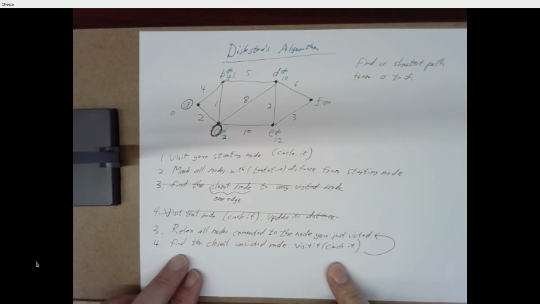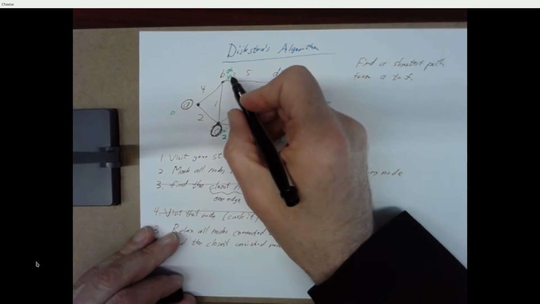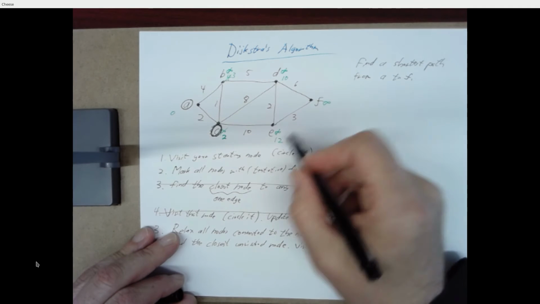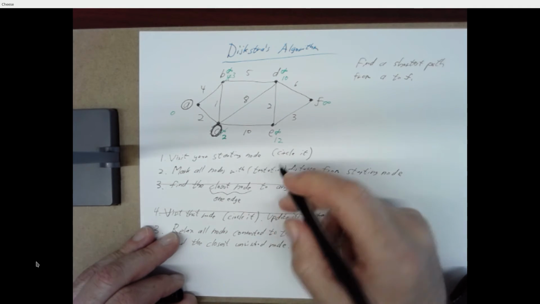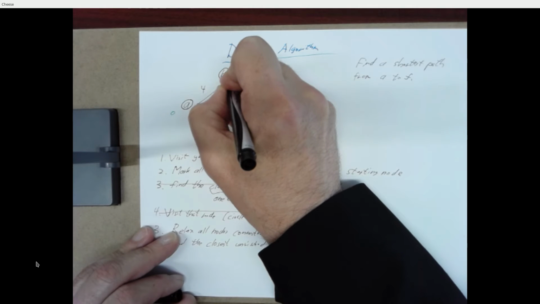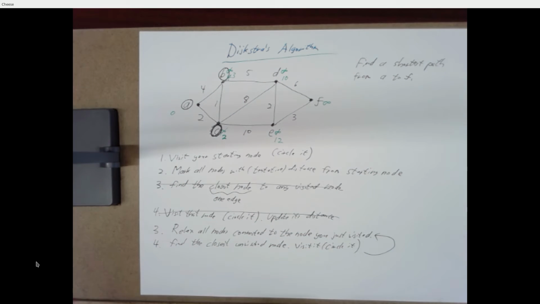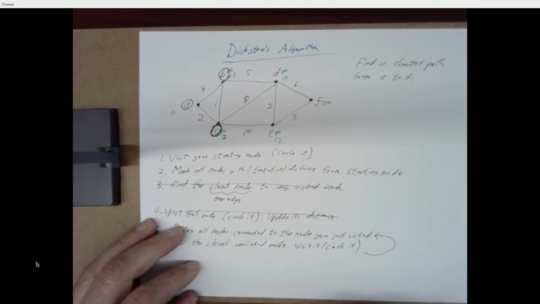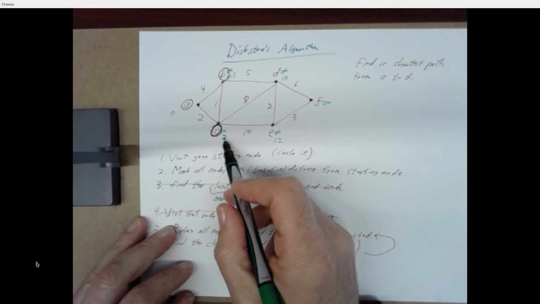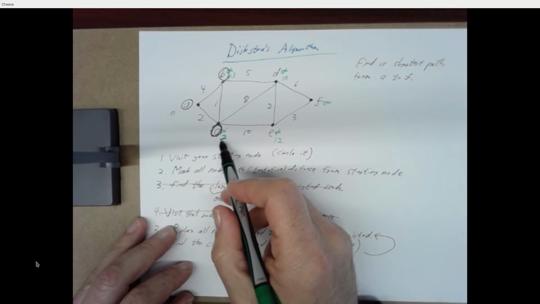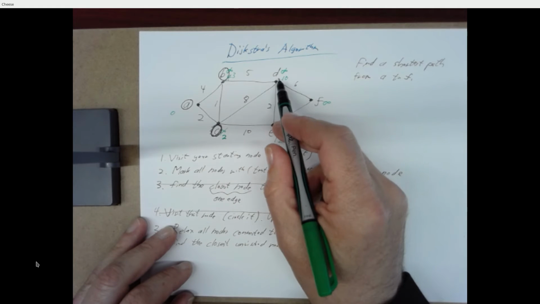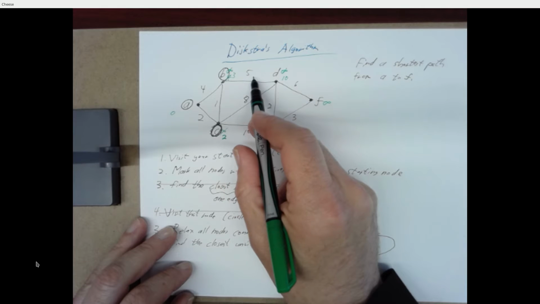All right, step 4, find the closest unvisited node and circle it. So we've got a node of distance 3, 10, 12, and infinity. 3 is our closest to A, so we're going to mark that. And then we're going to relax all the nodes that are directly connected to B. So C we've already visited. We don't have to do anything with it. D is connected to B with a distance of 5.